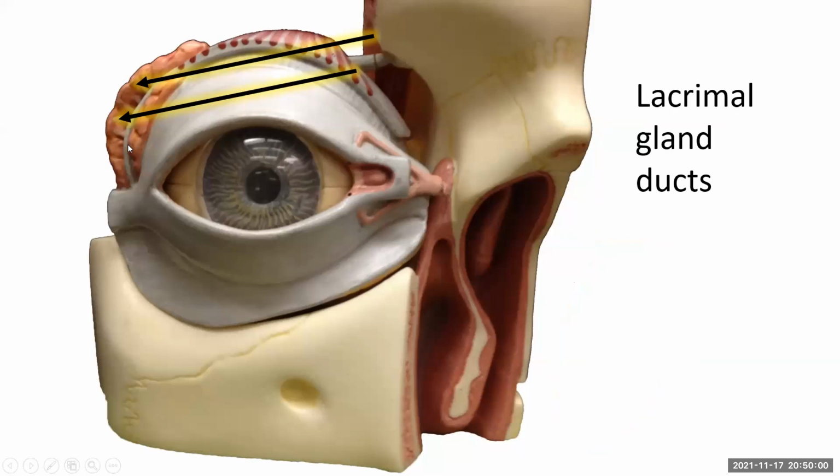You'll see this gray line here, and then these smaller ones, which are kind of hard to see. The peach, orangish color is the glandular tissue. And anything that's gray will be the lacrimal gland ducts.